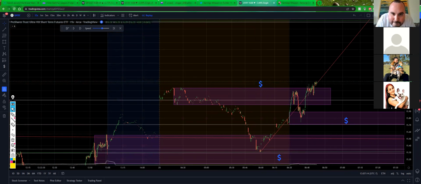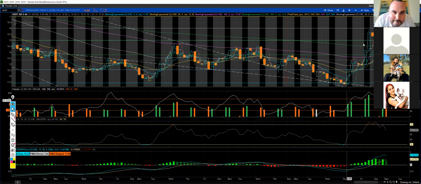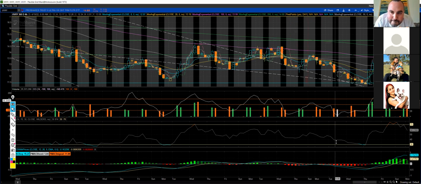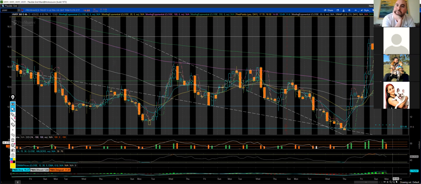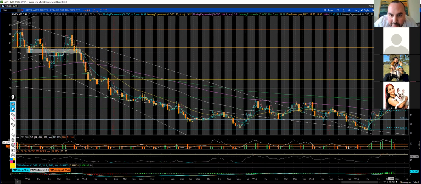Let me see, if I pull this one up right here, you guys can see this. I'm looking to take profits close to my resistance level, which would be the 17 I have right here. It's going back all the way here. This is a little bit further back, so this is something that could be outdated.